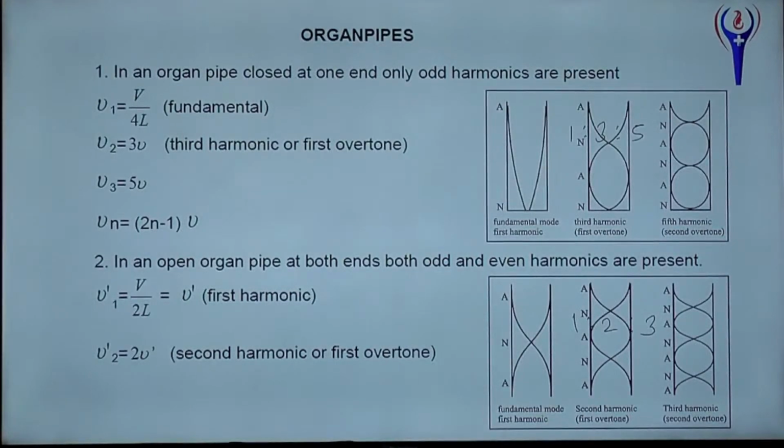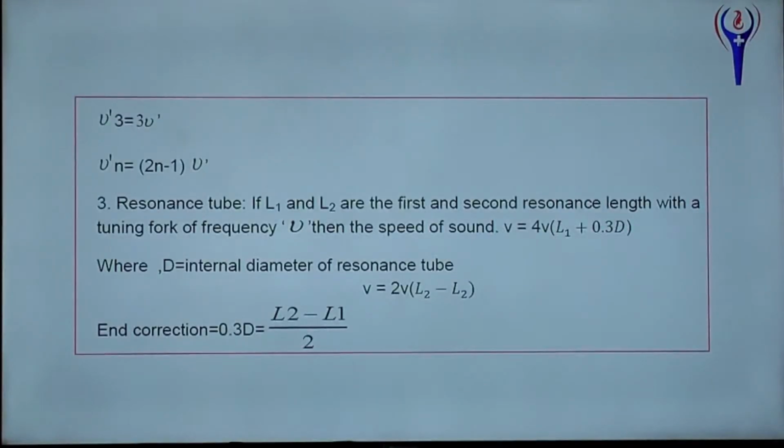This is the closed organ pipe, which is closed at one end. This is the open organ pipe, opened at both ends. This has odd harmonics only, 1, 3, 5. This has 1, 2, 3. All harmonics are present.